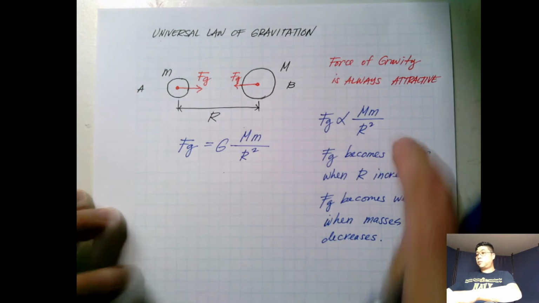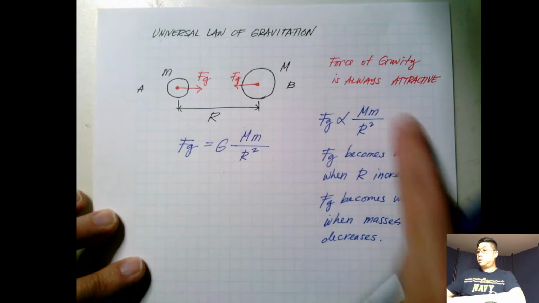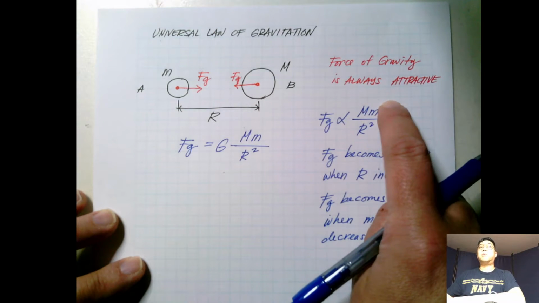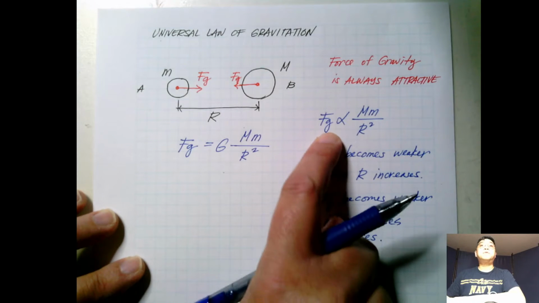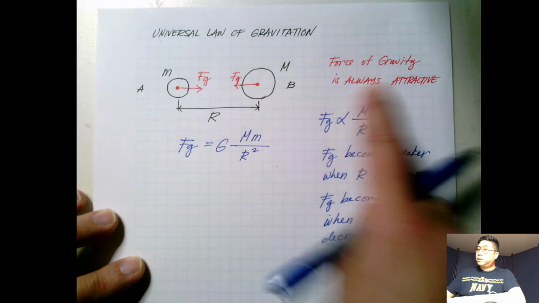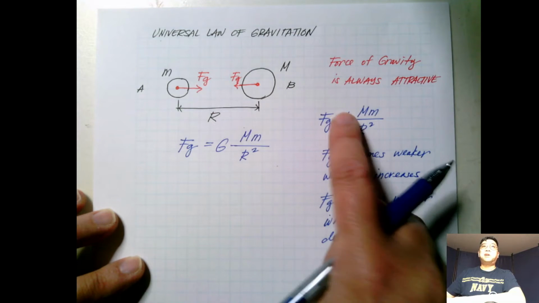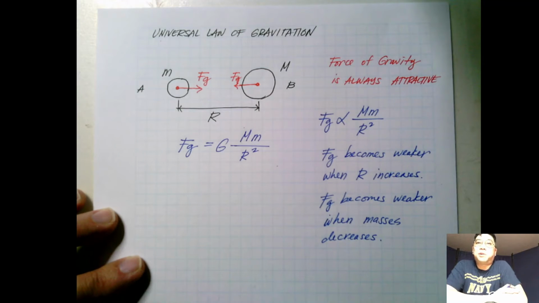The explanation is that the masses are in the numerator. The bigger the number on top, the greater Fg will become. In the opposite case, when you decrease the mass, since it's in the numerator, your Fg will become weaker.